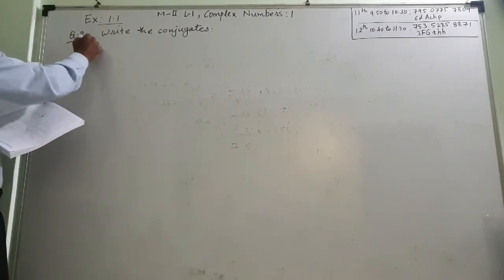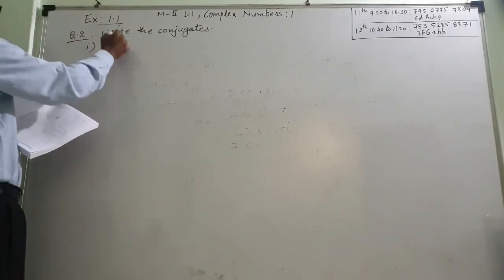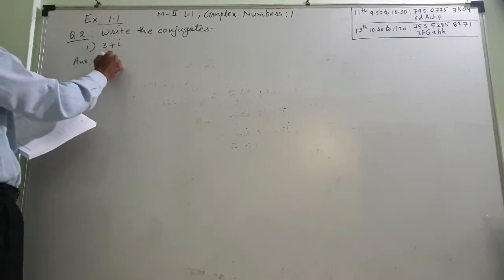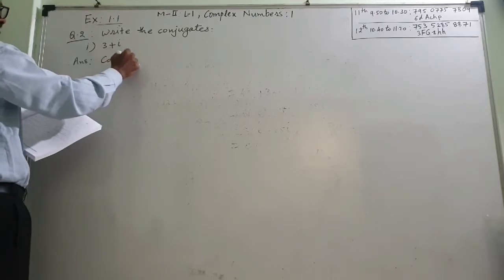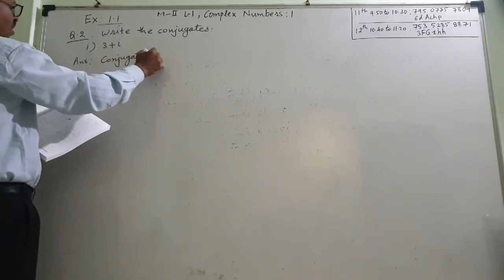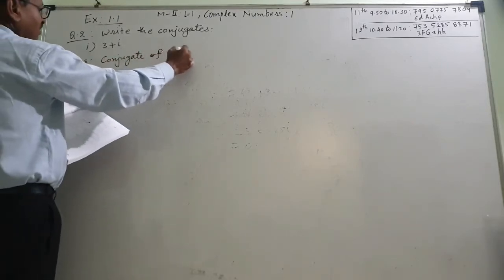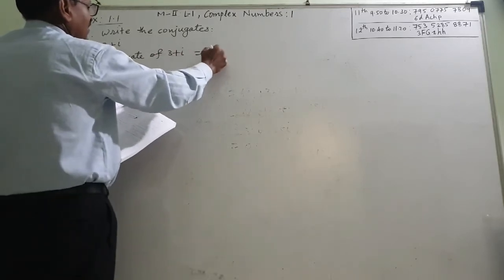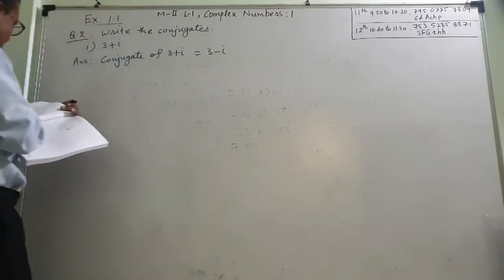Number 1 is 3 plus i. Answer: the conjugate of 3 plus i is equal to 3 minus i. Just change the sign in between.